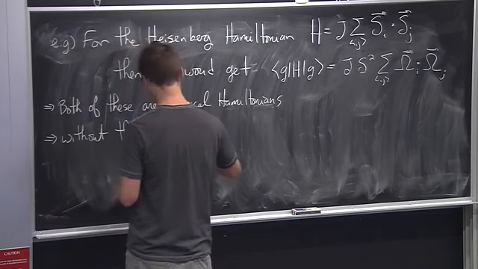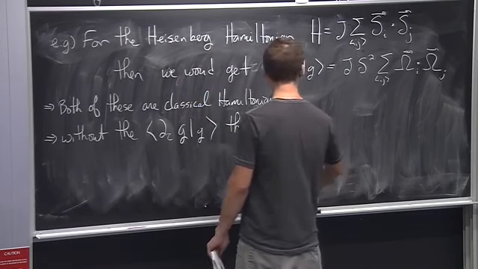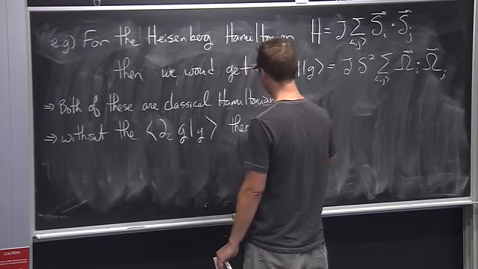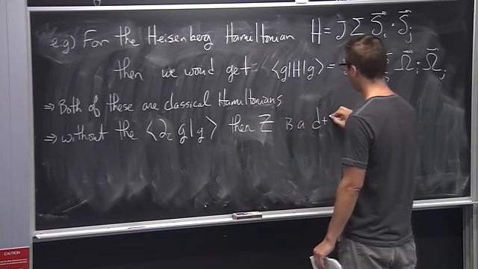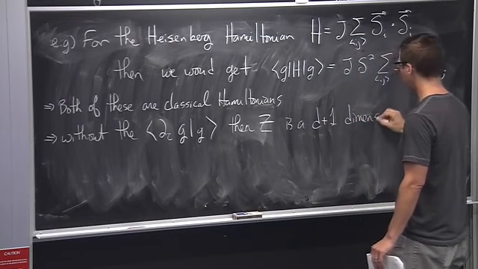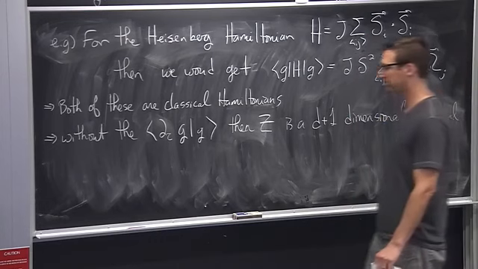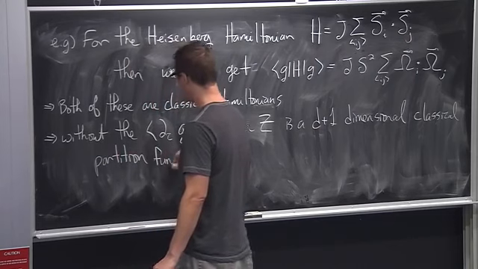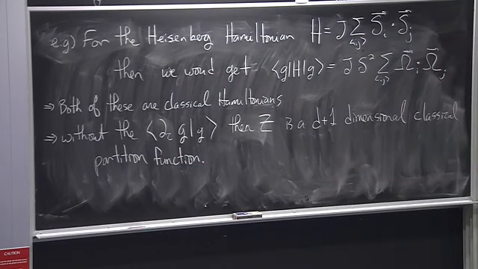So without the Berry phase, then the partition function Z is still d plus 1 dimensional, but your classical to quantum correspondence is basically perfect in that case.